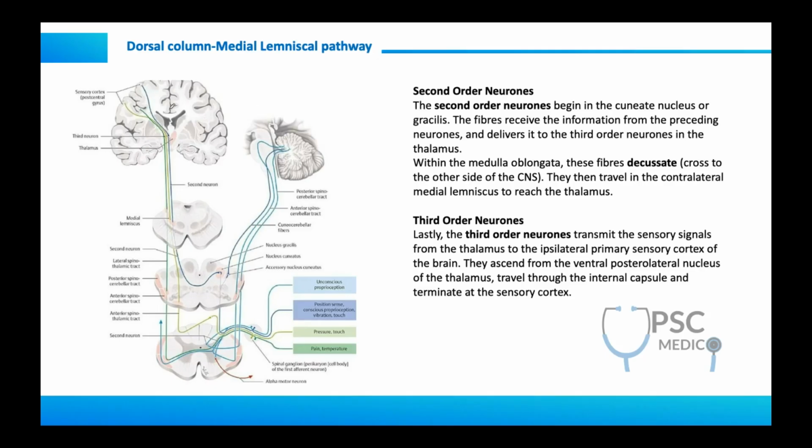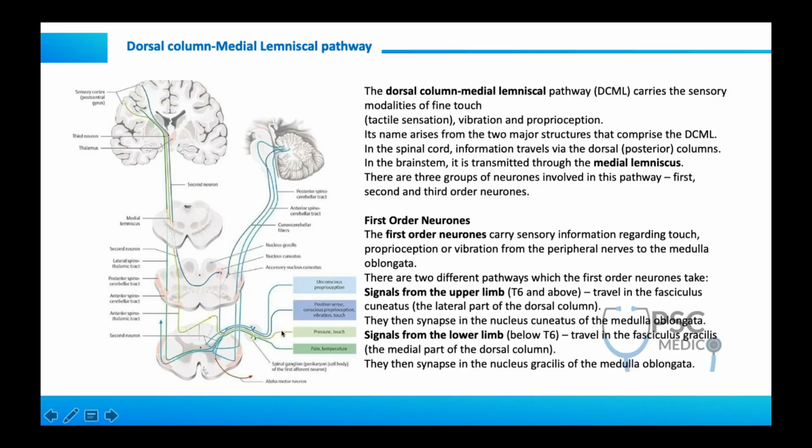So let me revise the dorsal column lemniscus pathway again. The logic is simple. They carry position, that is proprioception, vibration and touch. It goes through the spinal cord in the dorsal column, because we all know the dorsal side is sensory and the ventral side is motor in the spinal cord. From here they reach nucleus cuneatus and nucleus gracilis.